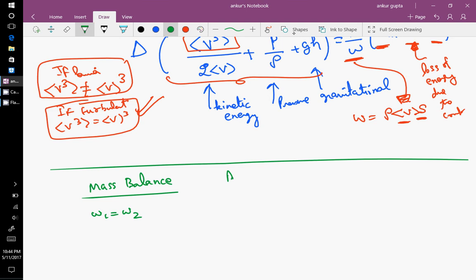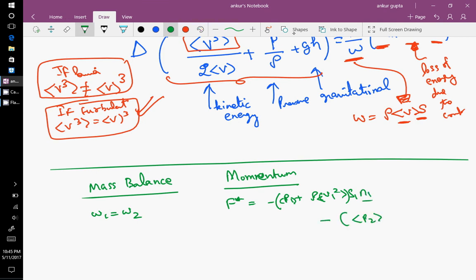Then for momentum balance, we said that F star is equal to minus (P1 plus rho V1 square) S1 n1 vector, minus (P2 plus rho V2 square) S2 n2 vector, plus m g.